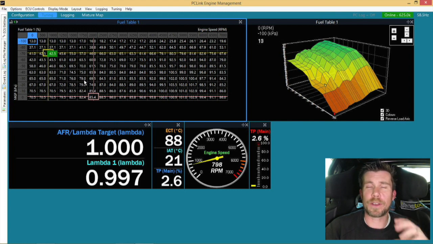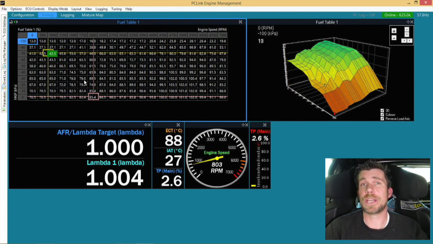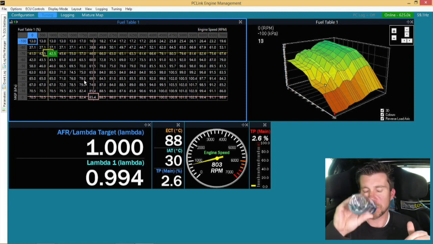So the whole basis is we need to have already tuned the fuel delivery for our engine correctly. The base fuel or VE table needs to be correctly tuned, otherwise you're going to have a lot of trouble with your acceleration enrichment. You're going to get yourself into a lot of trouble and waste a lot of time trying to achieve the impossible and using the acceleration enrichment to make up for a lean or a rich area in your main fuel table.